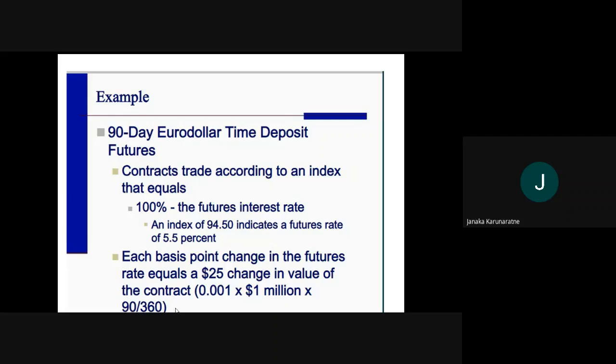What is the impact on your bank? By how much will your value change?